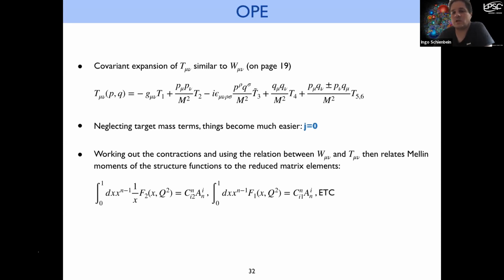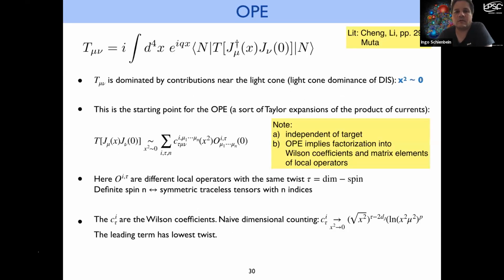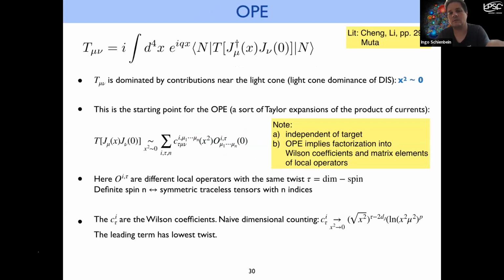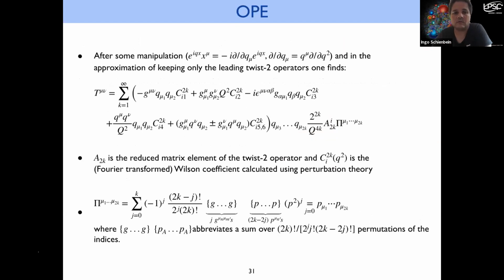Okay, so just to give you the idea where this forward scattering amplitude T mu nu enters, where it plays a role, you can do an entire analysis using the operator product expansion and get results for the structure functions.